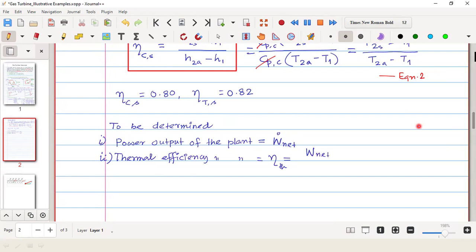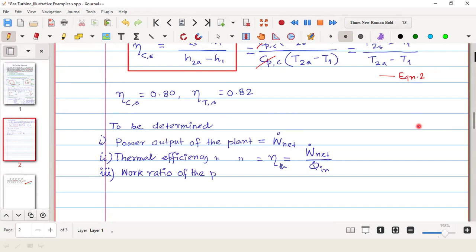W net by Q in, or W dot net by Q dot in. Both are same. Third one to be determined is the work ratio.